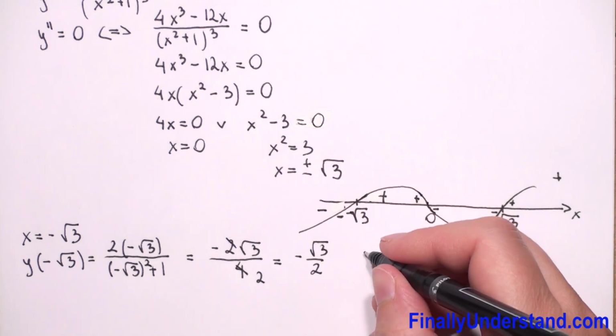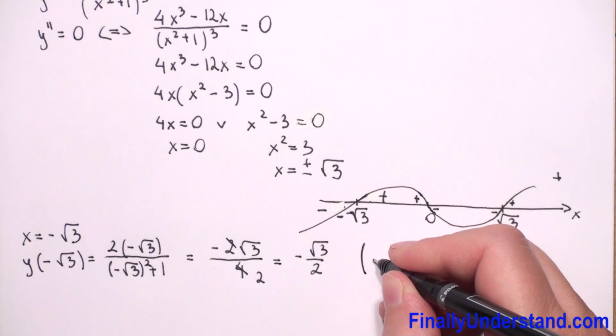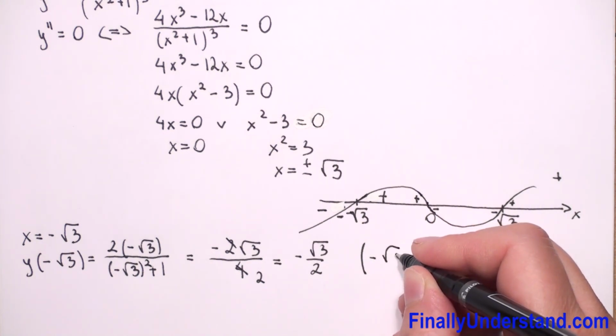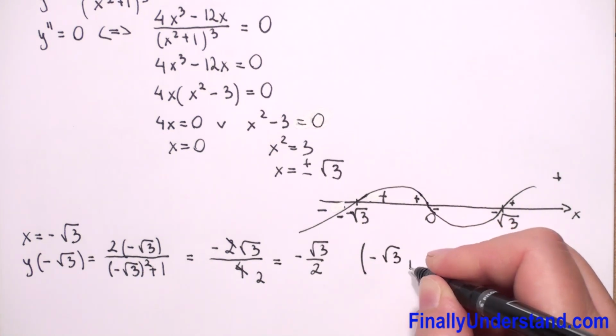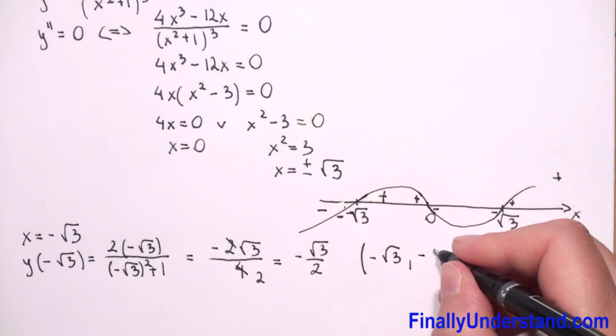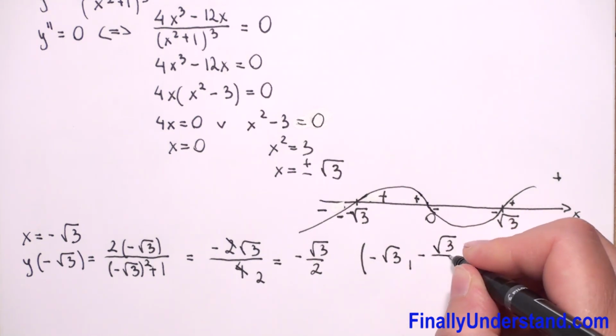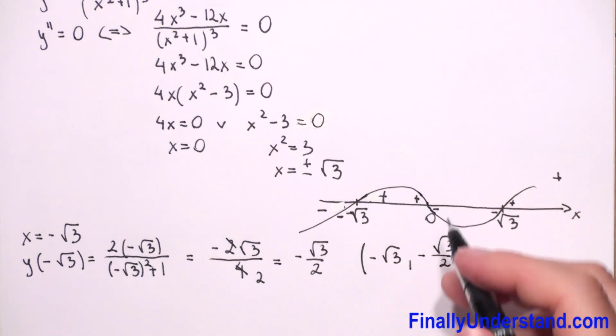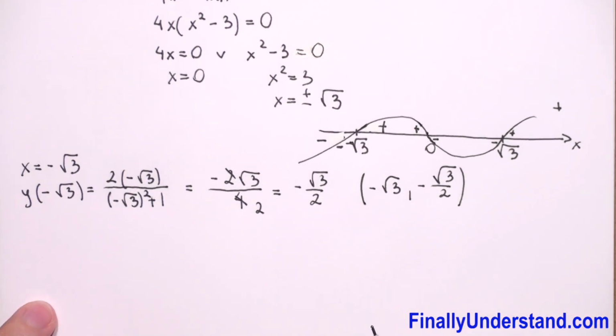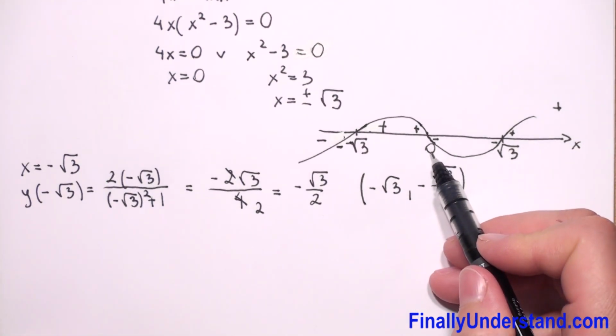So we have first inflection point. The first coordinate is negative square root of 3 and the second coordinate is negative square root of 3 over 2. Now we have to calculate the second inflection point, for x equal 0.